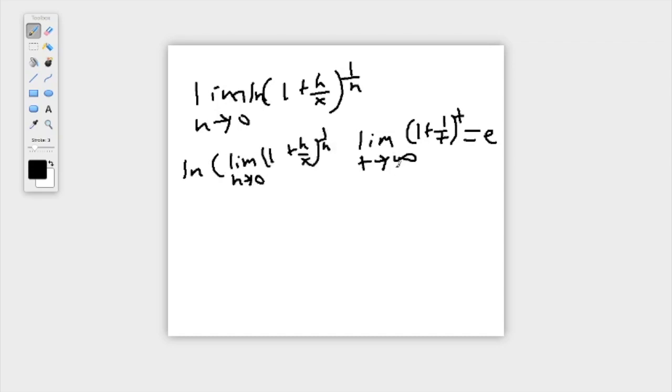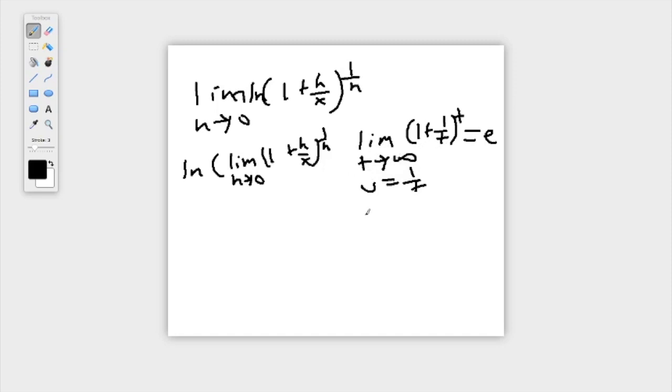So what we can do is make u equal 1 over t. We're going to use a u substitution. And since we're going into the u world, we can't have t going to infinity. We have to have u going to a certain value. We have to switch the bounds.